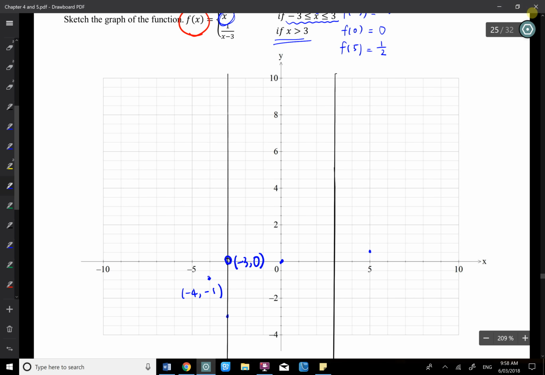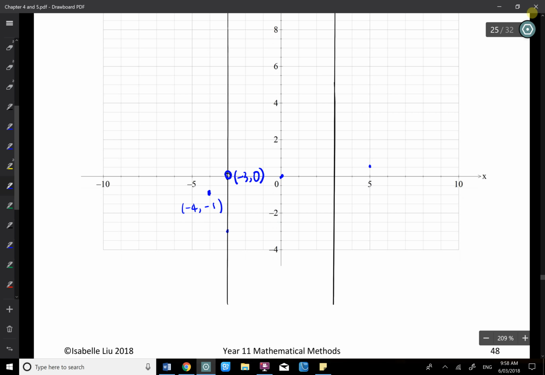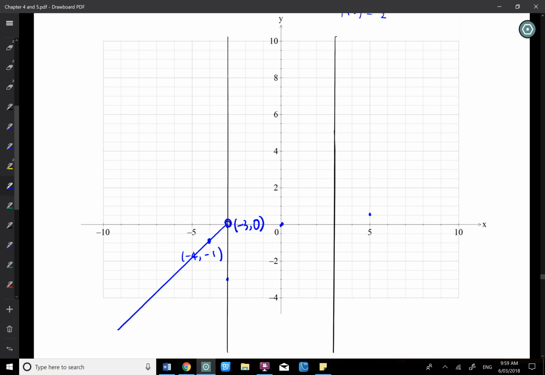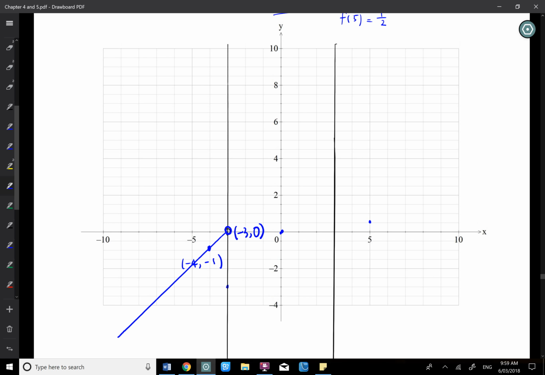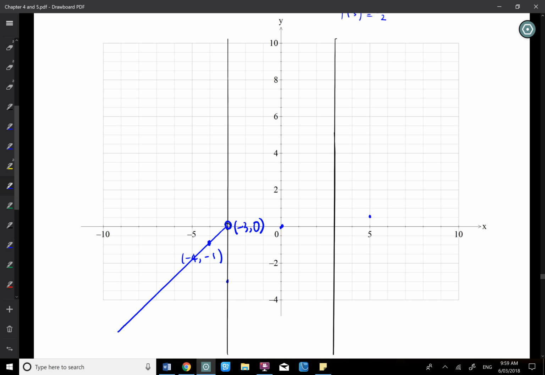So that's one point. Also we know that's a linear, we can just connect that. That's the graph.